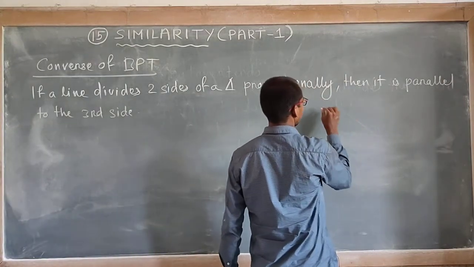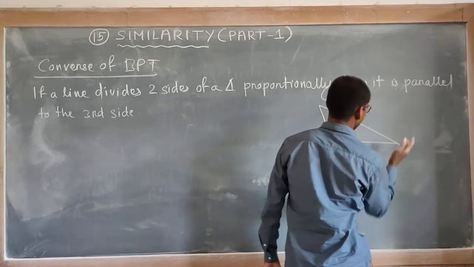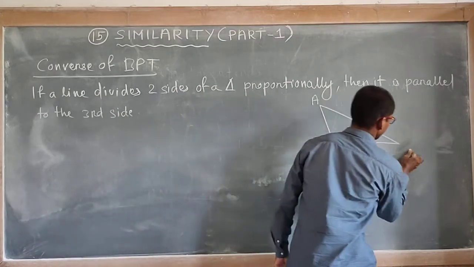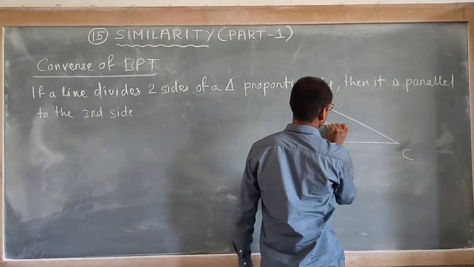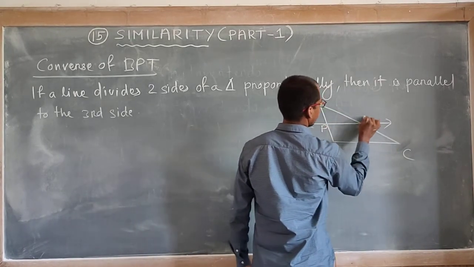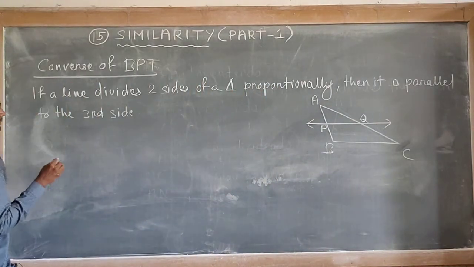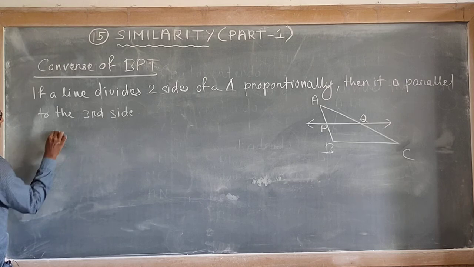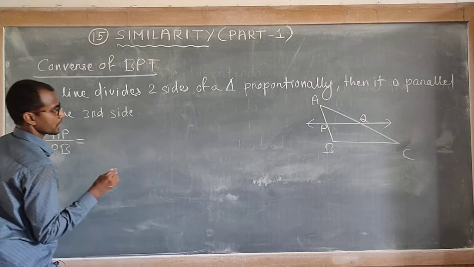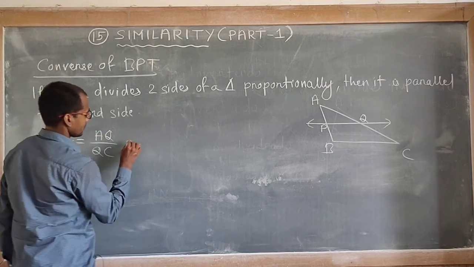Suppose we have a triangle like this: ABC. Suppose it is given that AP by PB is equal to AQ by QC.